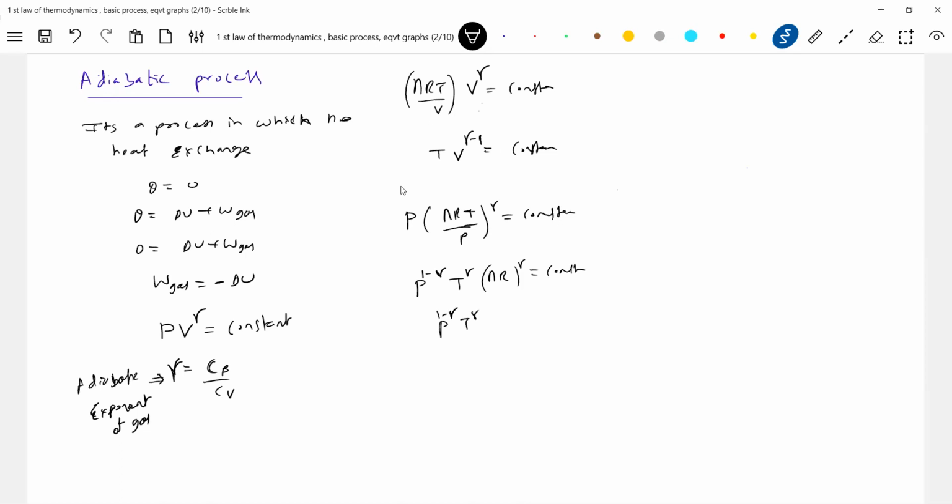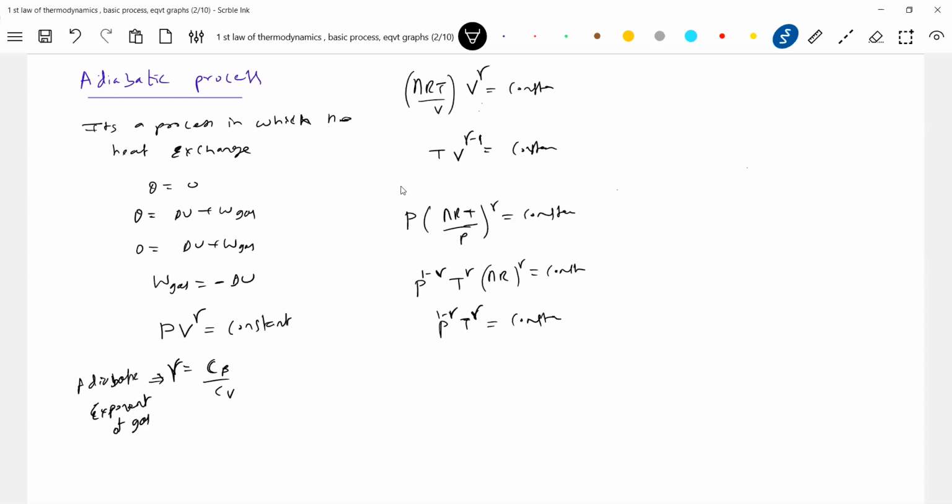It's gamma, not R. There's one more formula: pressure and temperature are related by P to the power 1 minus gamma by T to the power of 1 by gamma.